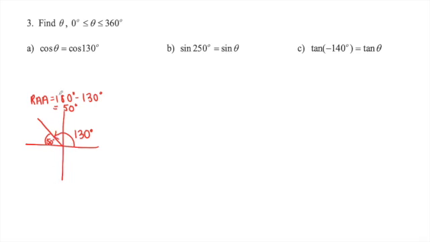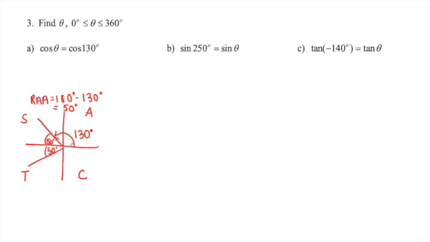And then you know that from drawing this, your cosine is going to be negative in this quadrant. We're looking at cosine here, but it's negative. So we already know that the one angle theta is 130. So we also need to find the other quadrant that it's negative in, which is your tan quadrant. And you're going to draw that same 50 degrees here.